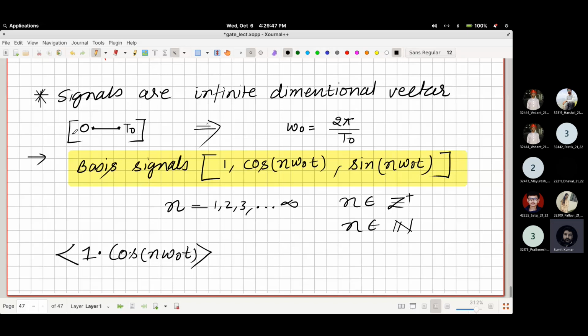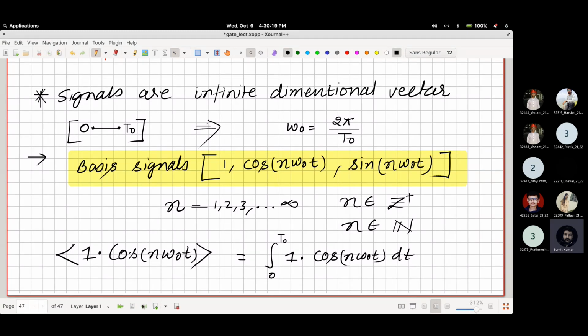We are trying to find the dot product over the period 0 to t naught, isn't it? It's defined as integration over the time interval 0 to t naught of this signal times the complex conjugate of the other, but both of them are real, so the complex conjugate will be the same signal. So this is basically 1 times cos n omega naught t dt.